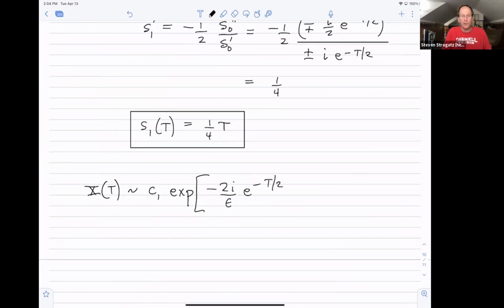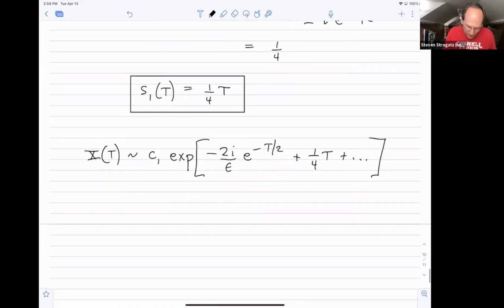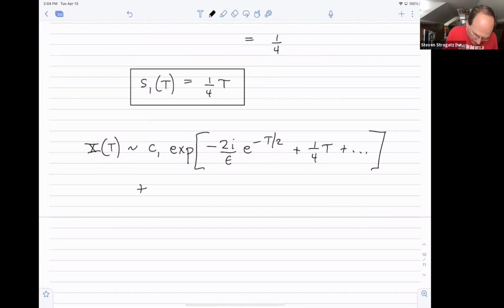I'm feeding in the S0 stuff there. And then plus 1/4 t plus higher order stuff that I'm ignoring, plus C2 times the same thing, except with a positive sign.